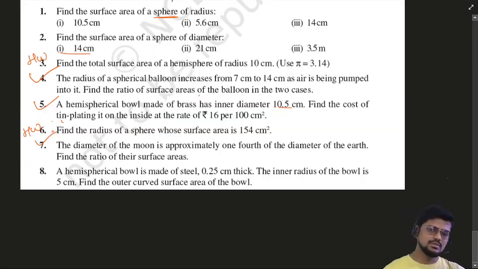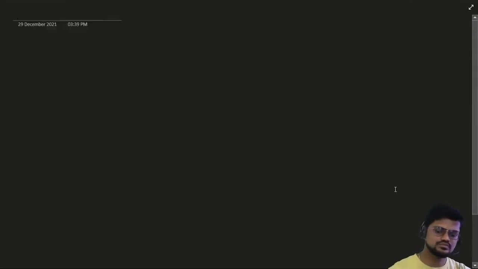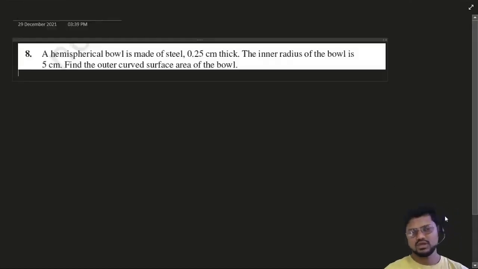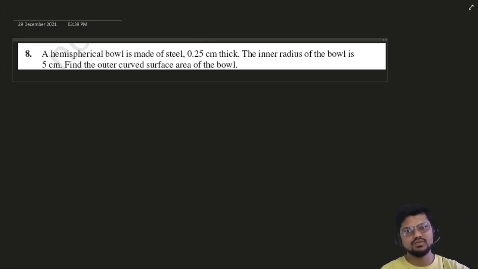The next is: a hemispherical ball is made up of steel 0.25 centimeter thick. The inner radius of the ball is 5 centimeter. Find the outer curved surface area of the ball. See, the hemispherical ball is made of steel 0.25 centimeter thick. Now how will the hemispherical ball be? The hemispherical ball will be like this.